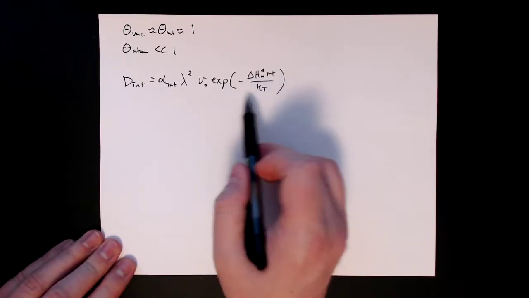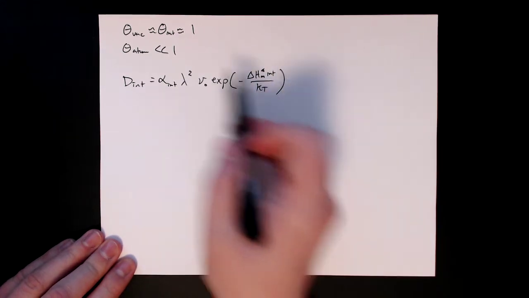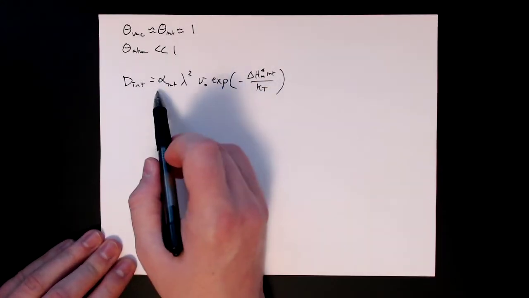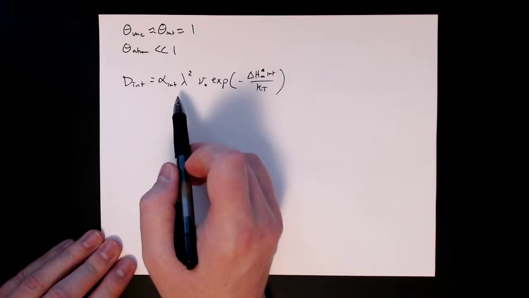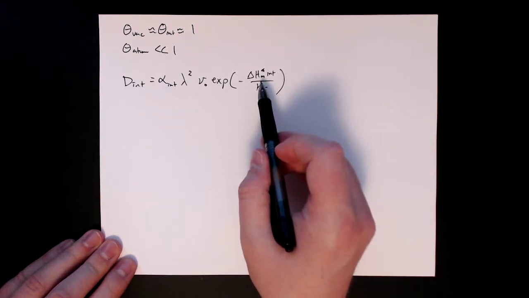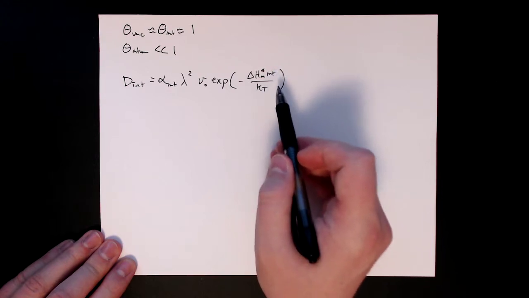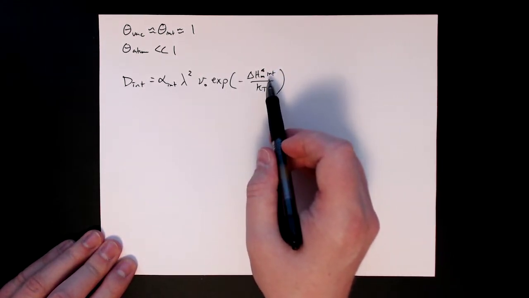So we just have omega represented by nu, multiplied by 1, so we just got rid of it. And then we have alpha and lambda squared. And again, in this specific case, this is the activation energy needed for an interstitial to jump from one interstitial to the next. So that's why we put the additional subscript there.